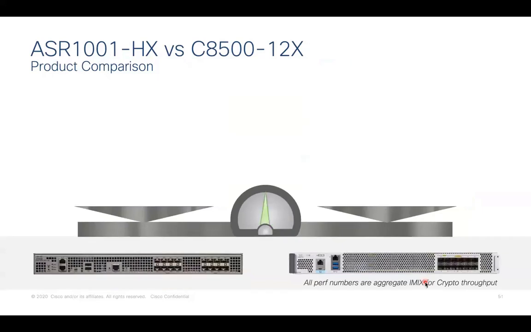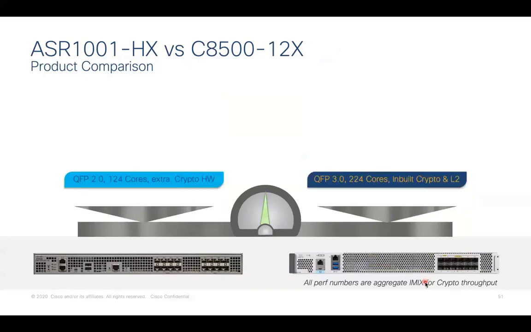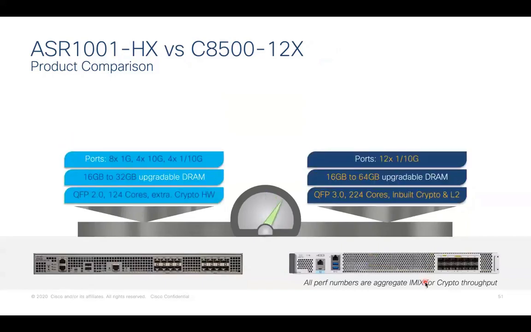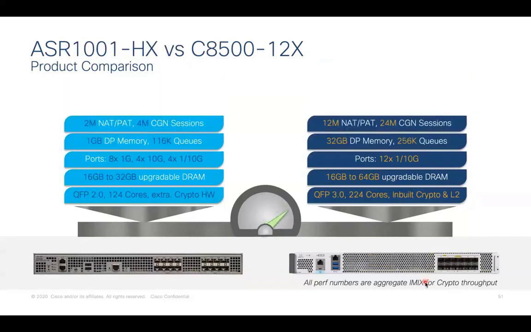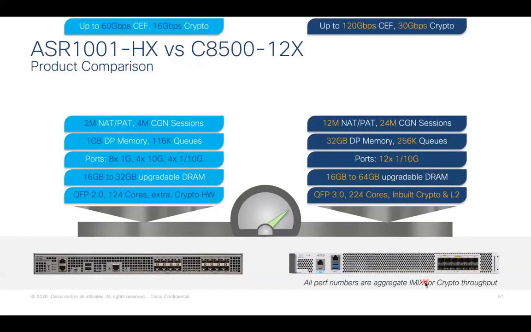Similar comparison with 1001HX versus 8512X platform, the lower end platform in 8500 series. It again gets the same hardware capabilities. All the 12 ports are readily available. Queues are the same. What you get is 12 million classic NAT versus 24 million CGN sessions, which were just 2 million and 4 million previously.